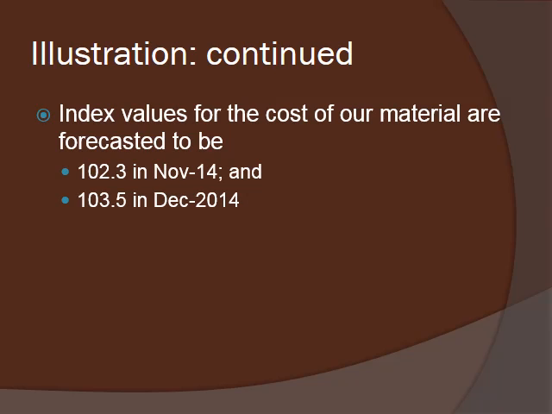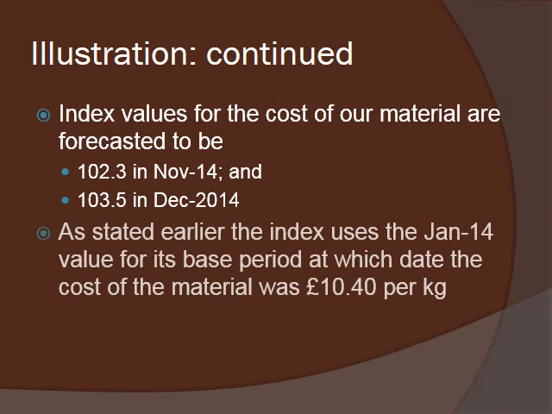So now we're going to take those values and convert it into an actual cost. So our base value was at January 2014, and at that point the cost of the material was £10.40 per kilogram.